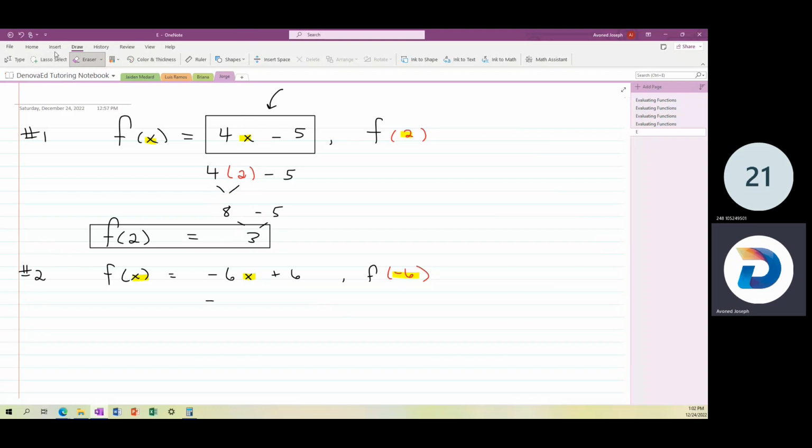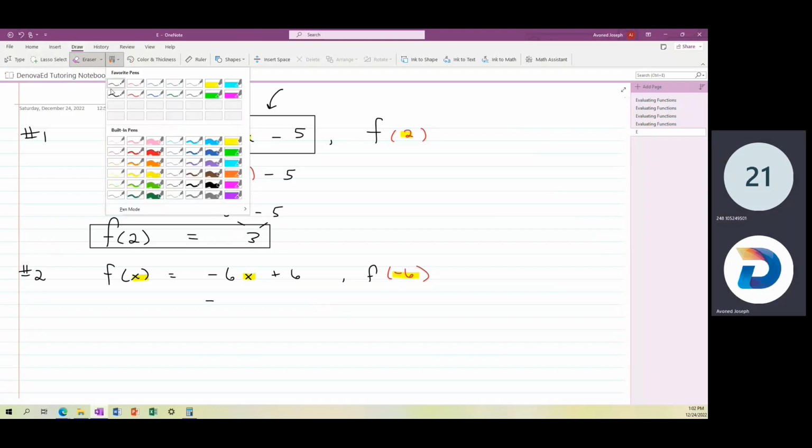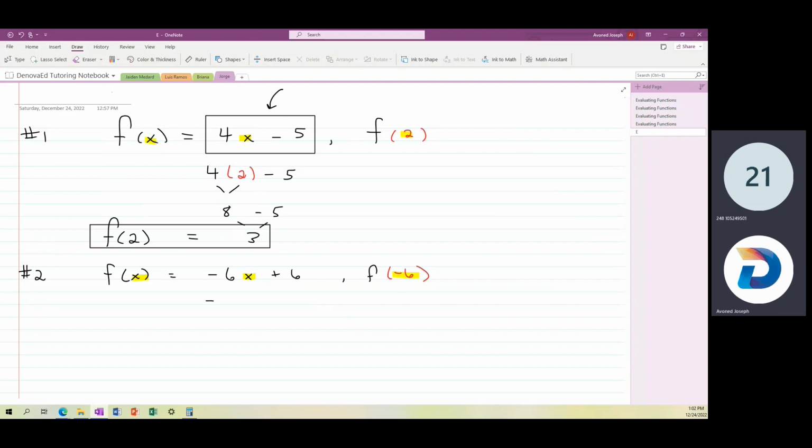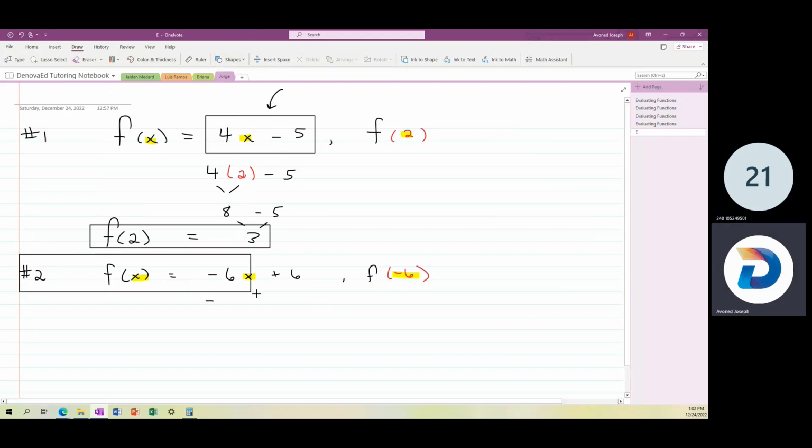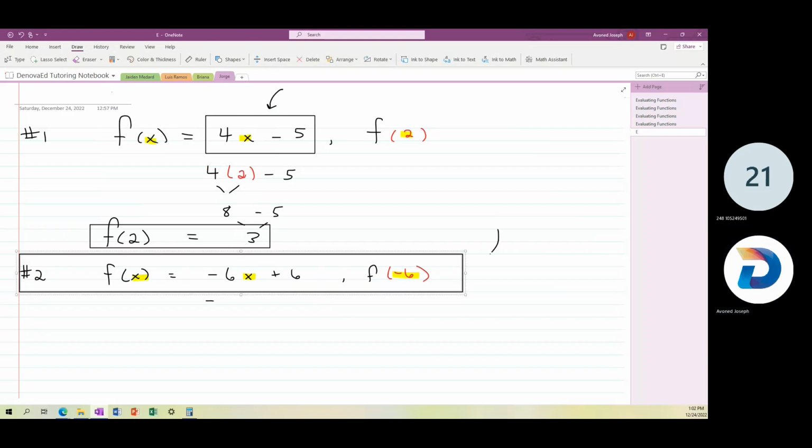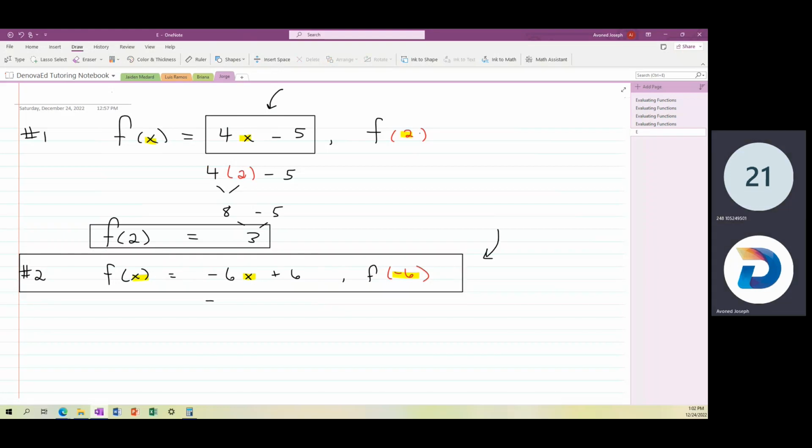No, we're on number 2, right? We're focused on this part right here. We said that 2 needs to be plugged in for x, and we did that. What are we plugging in for x for number 2?